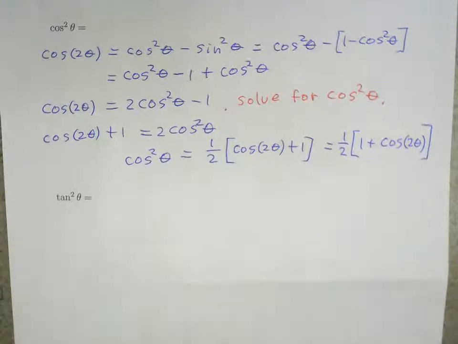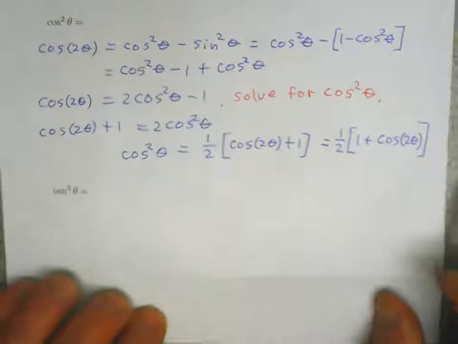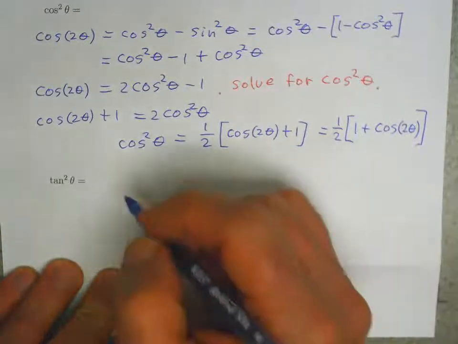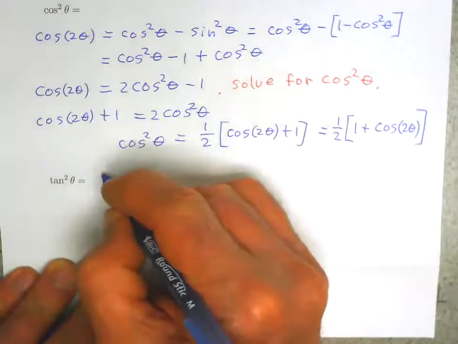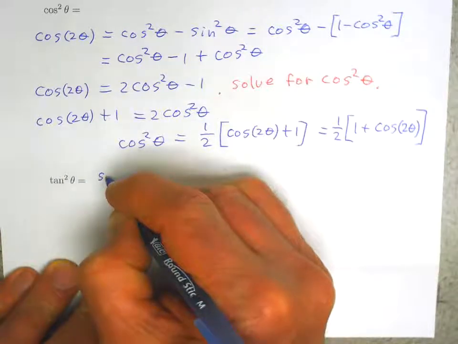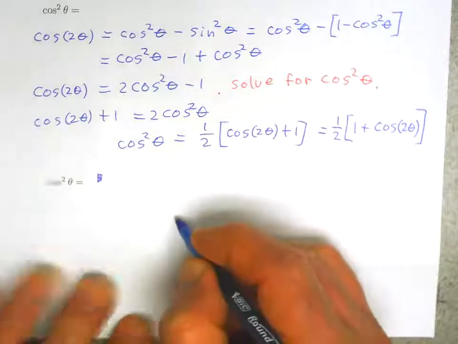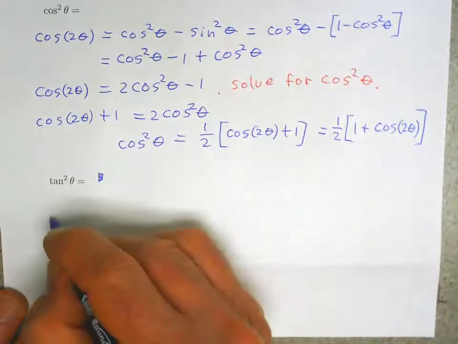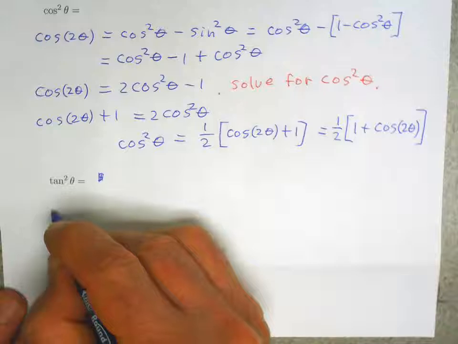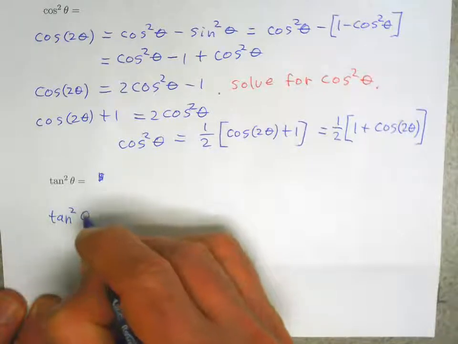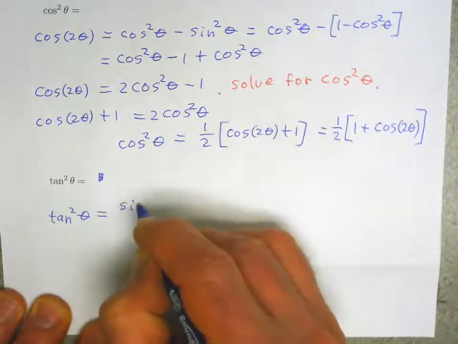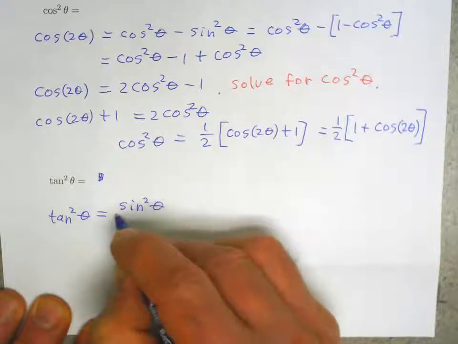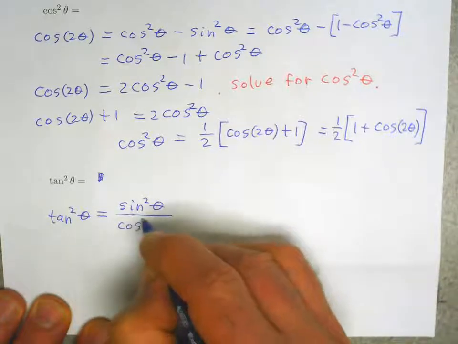Okay, the reduction formula for tangent of theta squared. Well, we can remember that tangent of theta squared to start with is sine of theta squared divided by cosine of theta squared.